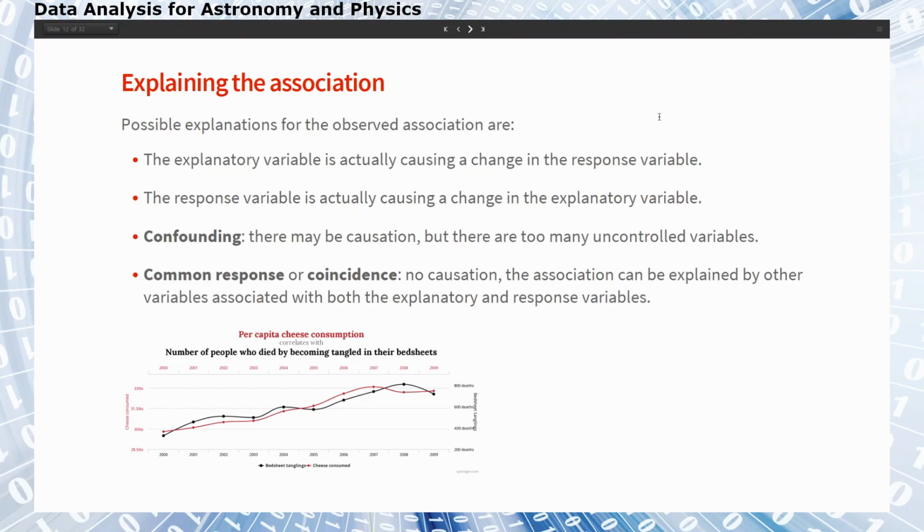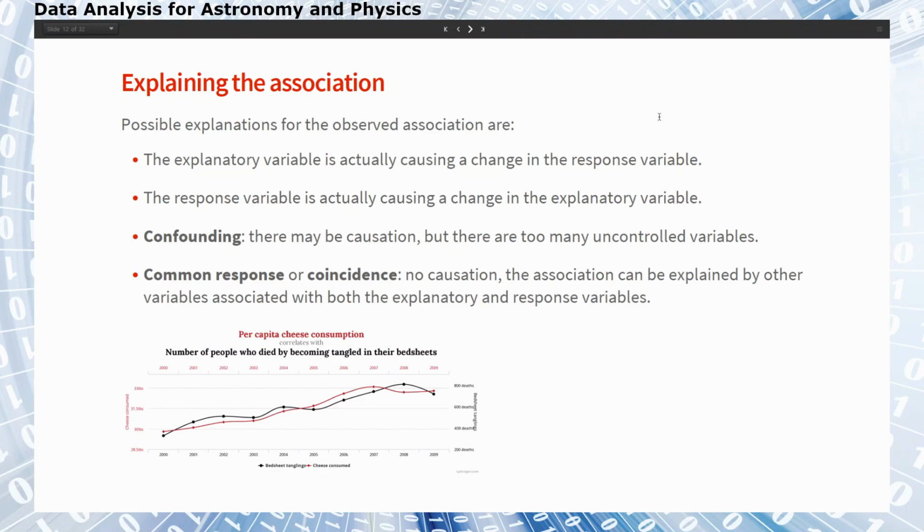If we observe an association, then there are possible explanations for this observed association. It could be that the explanatory variable is actually causing a change in the response variable. The response variable could actually cause a change in the explanatory variable, so that we exchange cause and effect between the two.